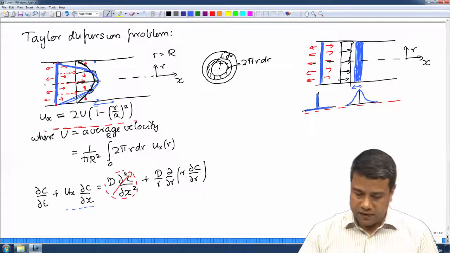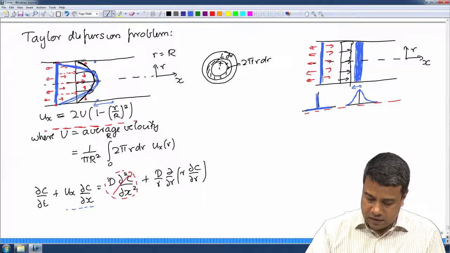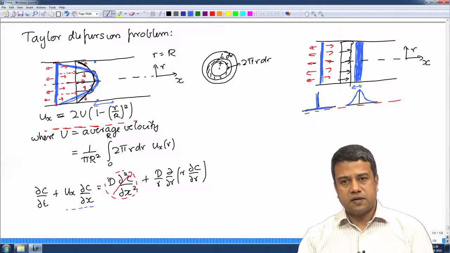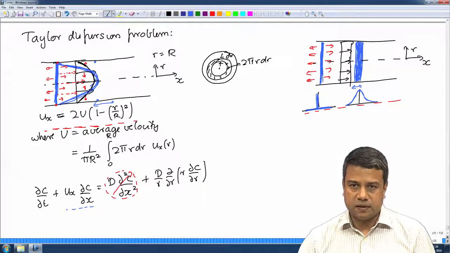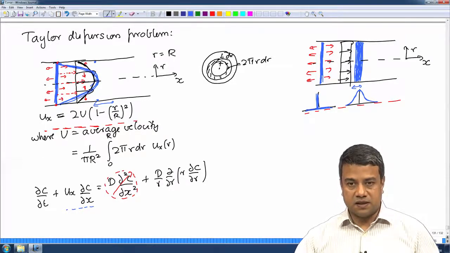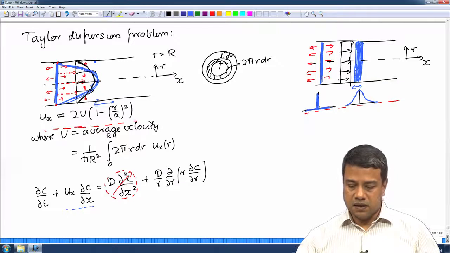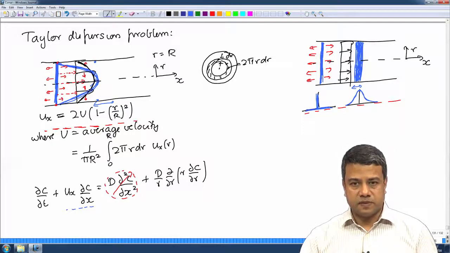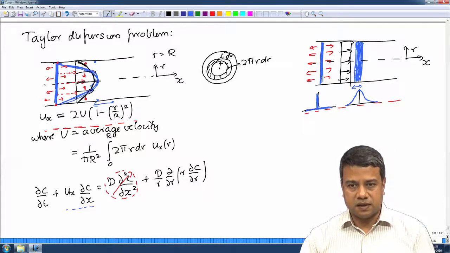On the other hand, if it does get distorted due to the mean velocity, it is going to spread in the radial direction as well, and that spreading in the radial direction could enhance the dispersion in the axial direction, and it is that enhancement of the axial dispersion that we are interested in looking at.